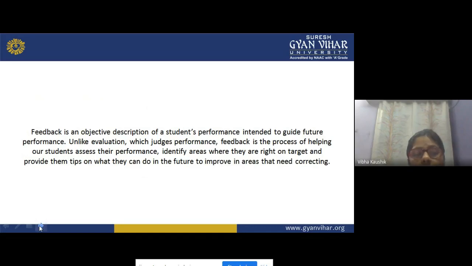It's not like an evaluation system where we judge performance, how he has performed. Feedback is the process of helping our student assess their performance.